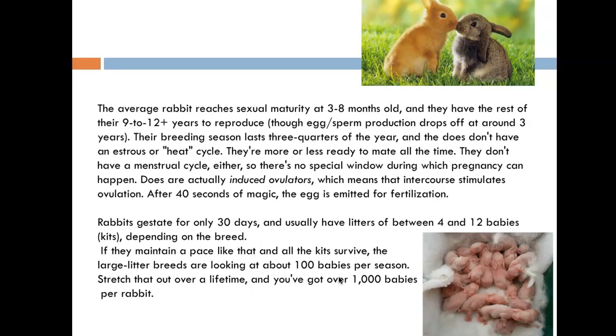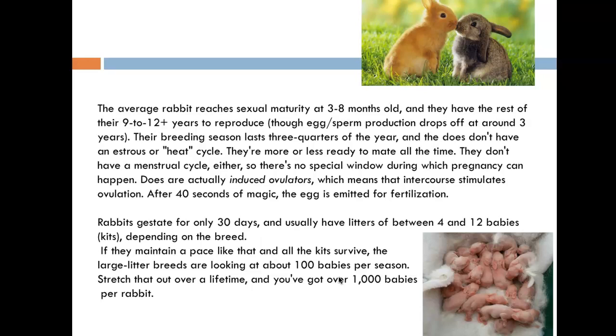Once a rabbit has a litter of babies, she can reproduce starting the next day, which is super crazy. What else is also really interesting is they don't have an estrus cycle. They are more or less ready to mate all the time. There's no menstrual cycle either, and there's no window during which pregnancy can happen.